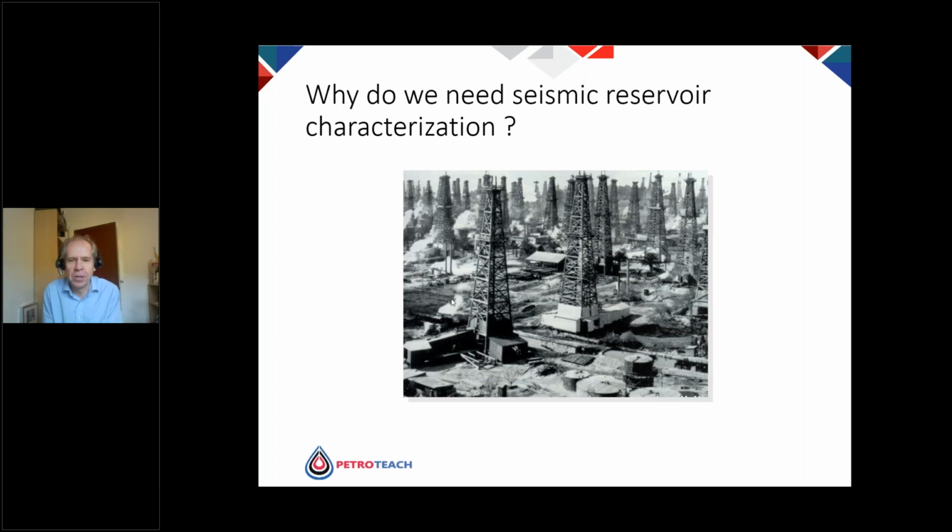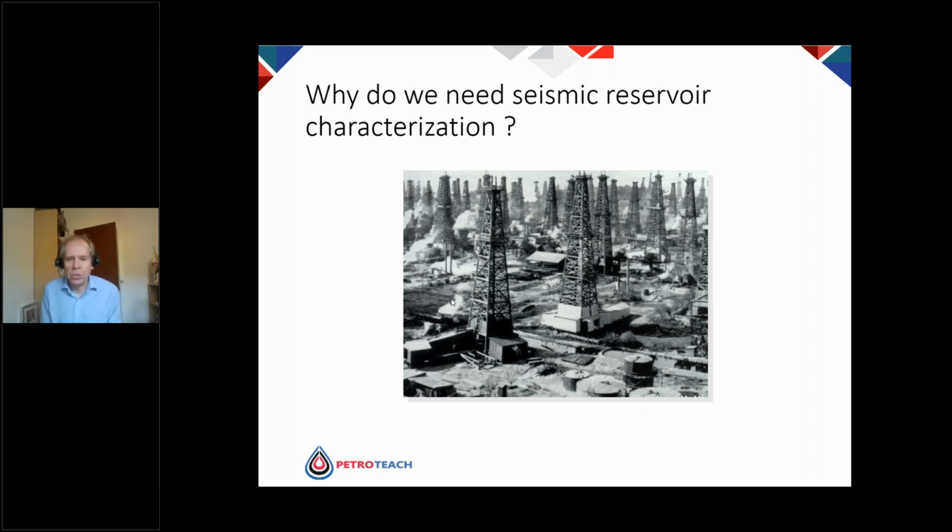You hear some of the stories about shale exploration in the US, where they're drilling lots and lots of wells. I don't think they're quite this close together. But the idea is that we can give information to the geologists and the engineers between the wells without them having to drill a well every 50 meters. And the seismic data can give us information in between the wells.